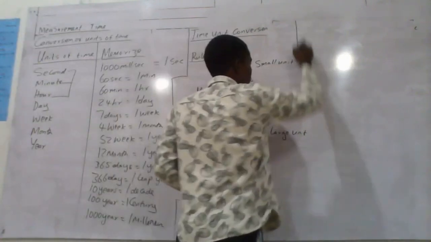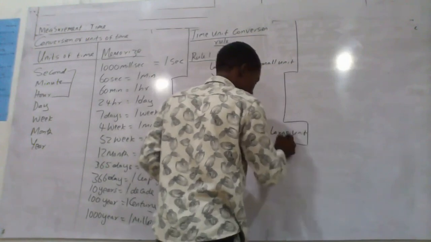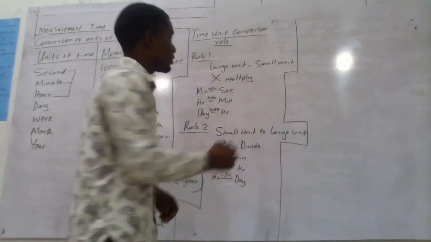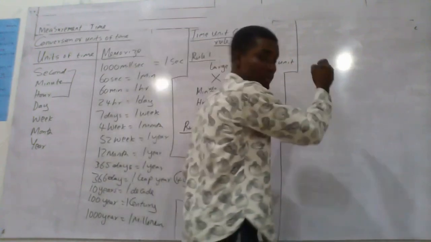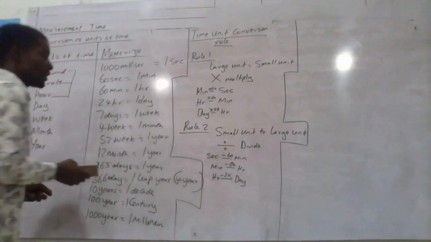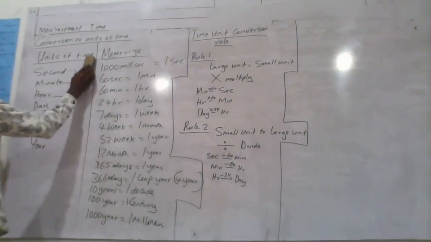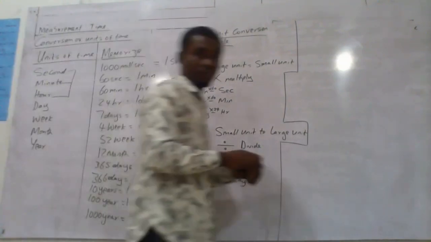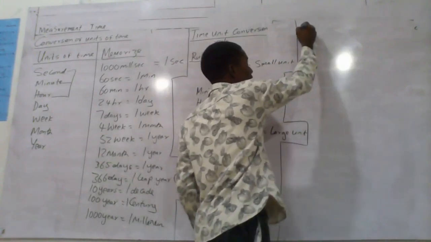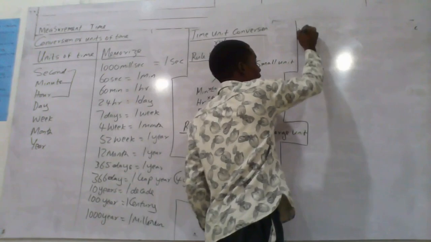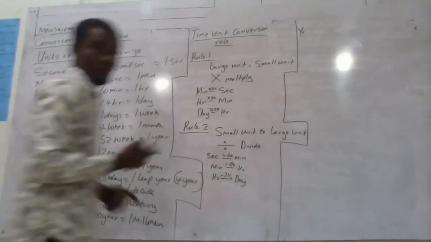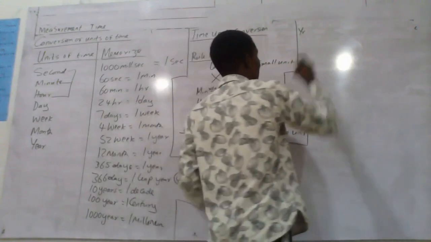Now, let's take this conversion trick. Let's make use of this space so that we can have enough space for the conversion trick. I'm starting with year, because that's the biggest unit of time.